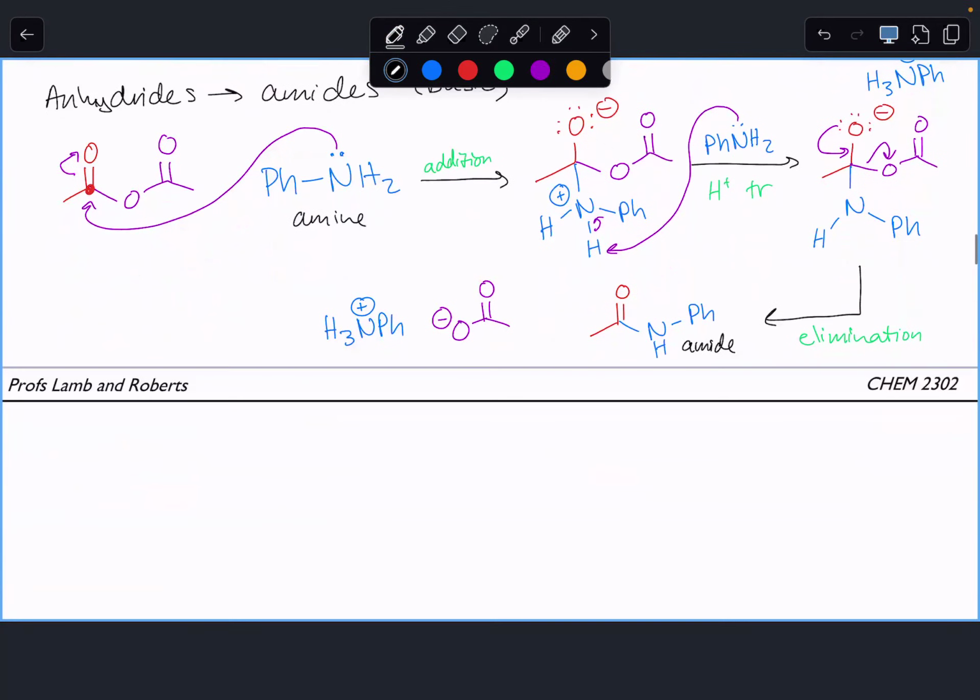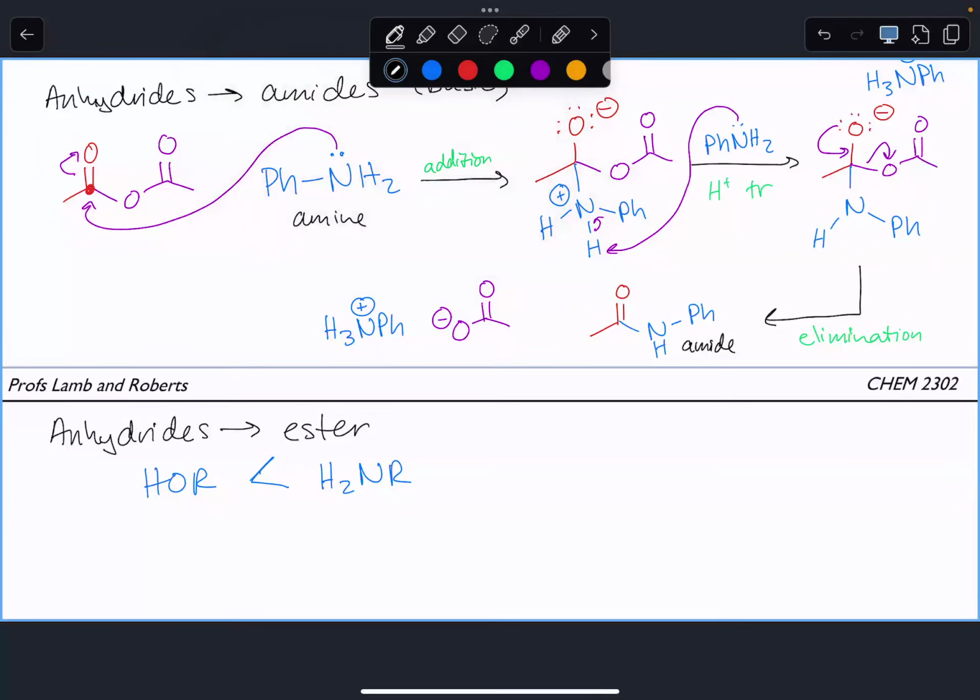So where things get a little bit more complicated is when we talk about anhydrides to esters. If you recall, we've talked about this previously, alcohols are worse nucleophiles compared to amines, right? So they're not as good of nucleophiles. Therefore, we have two options. So two mechanisms.